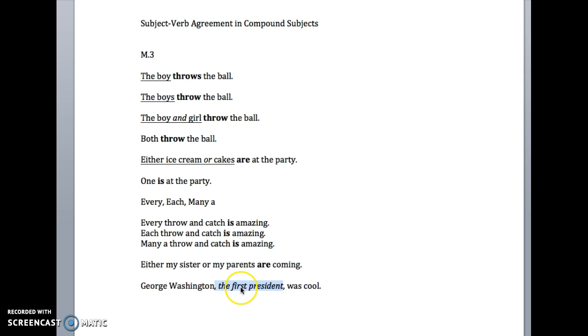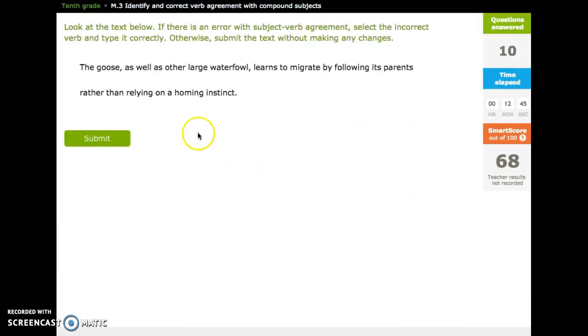This is something that's coming in the middle of a sentence, and when it's surrounded by commas, it's not necessary. You can skip over it if you needed to. So in this sentence, we have that same concept, and you don't want to be distracted by this stuff. Because it's not necessary, you're going to conjugate this verb based on the subject here. The goose learned to migrate or learns to migrate? And it would be learn or learns to migrate.